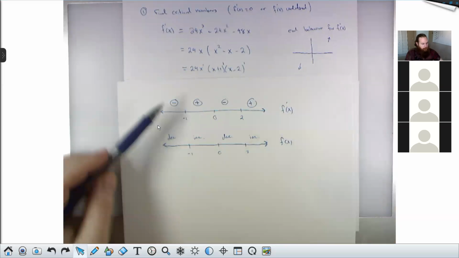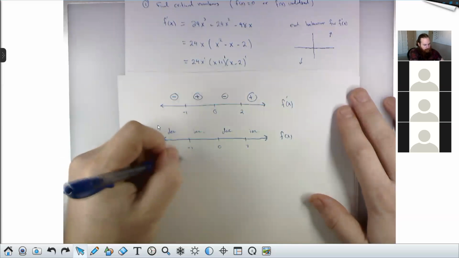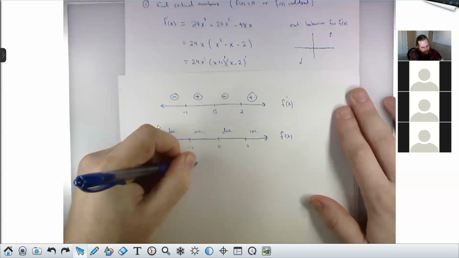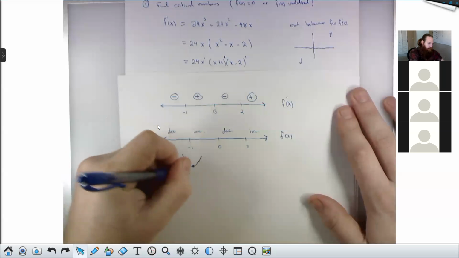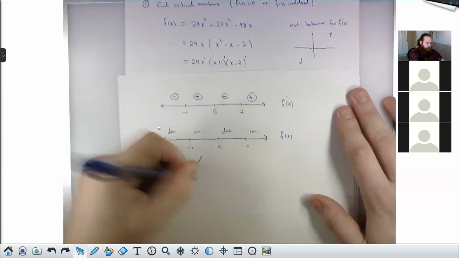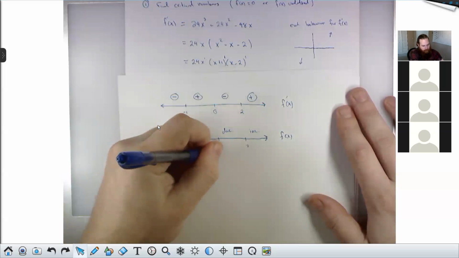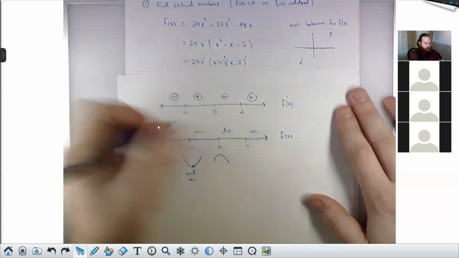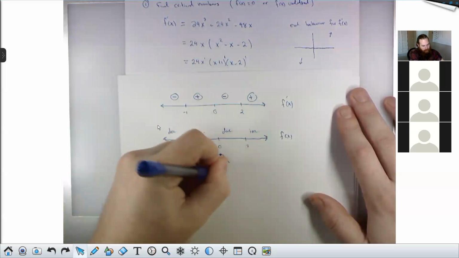So that tells me what's happening here at -1. If f of x is decreasing until we get to -1 and then increasing, that means right here, there's got to be a local min. And if we're increasing and then decreasing, that means that right here at 0, there's got to be a local max.